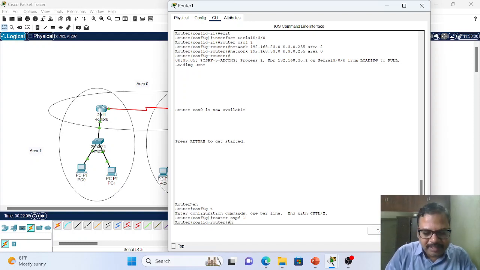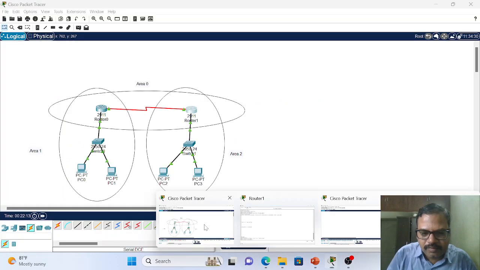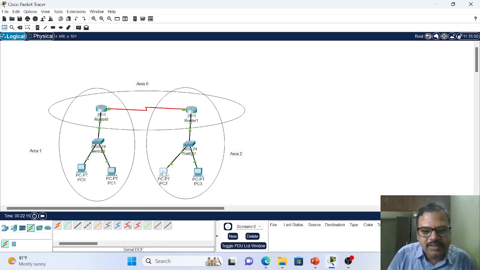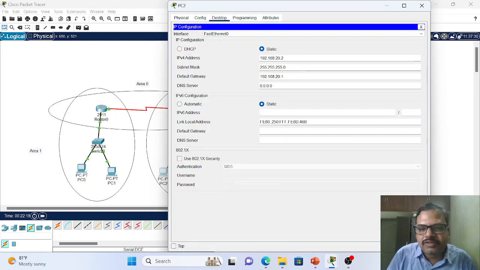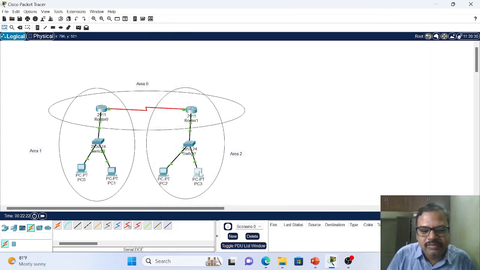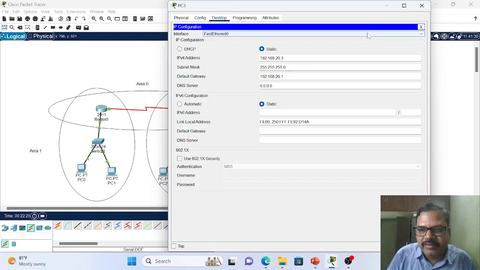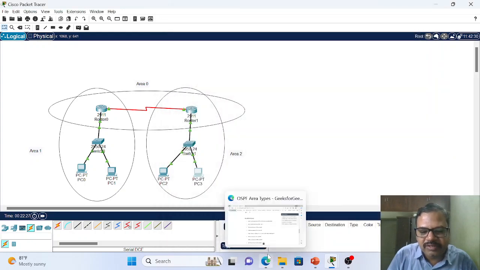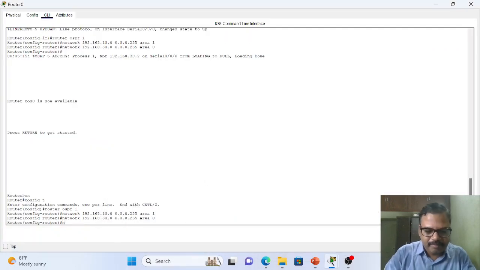Now we have to add the network. This network number is 20.0. You may see 20.2 I have given for PC2 and 20.3 I have given for PC3. So 20.0 is the network ID.